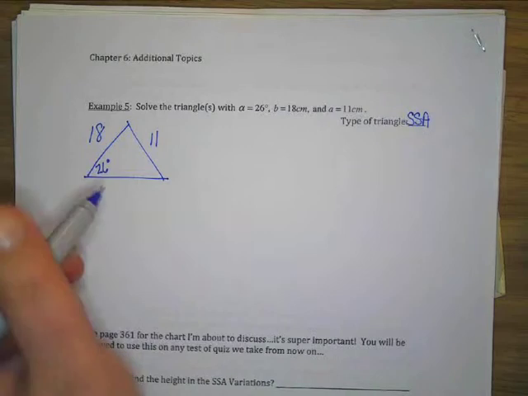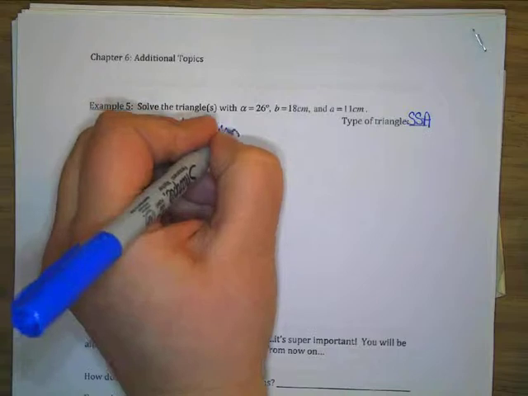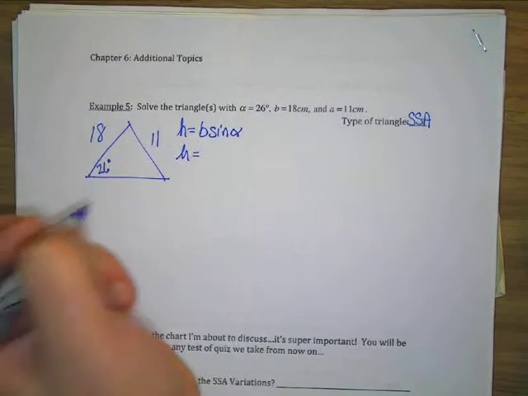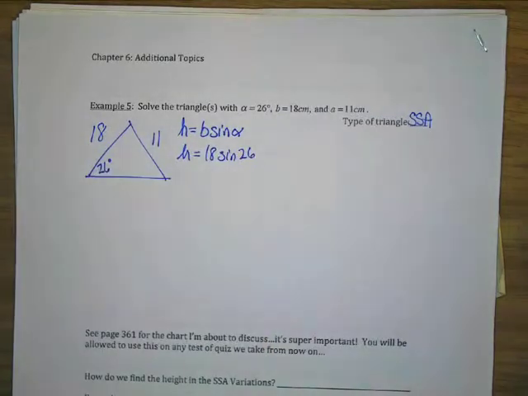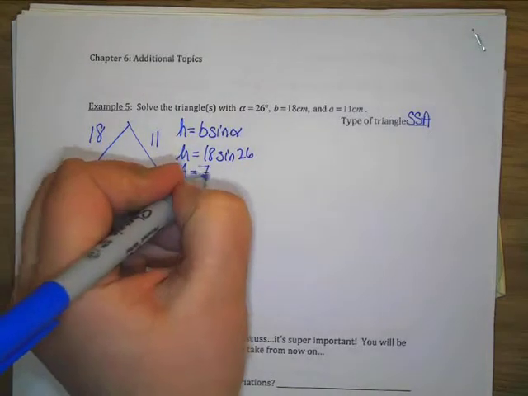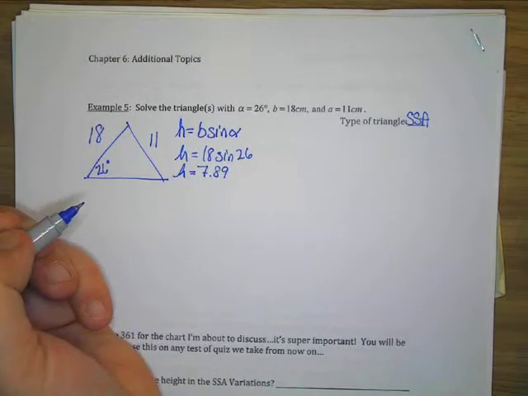The height. So B, 18, sine of 26. Let's see what we get. Do they always, say they don't give you alpha, like they give you beta instead for its angle? They won't. They shouldn't anyway.